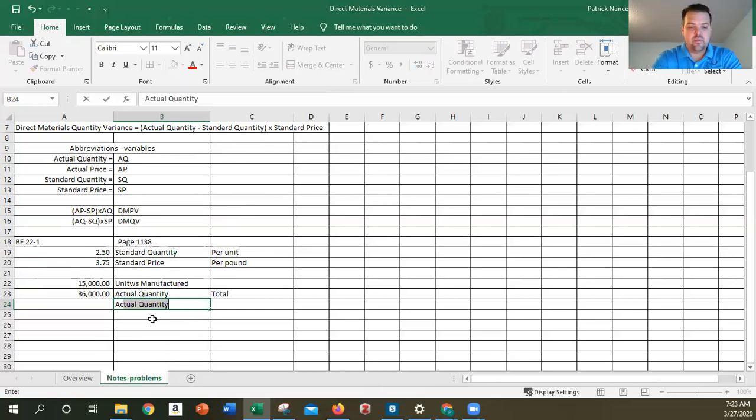And the actual price is $4 per pound. This says that's what they bought it for.